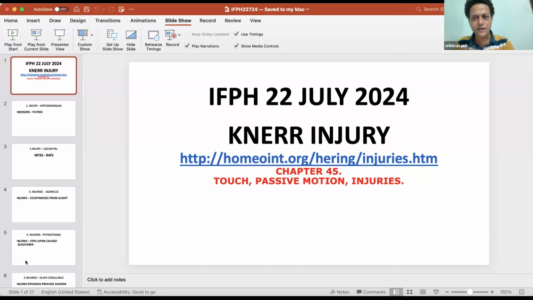Some cases required LM potency for regular maintenance and to bring down the pathology gradually and make it completely disappear. Very few cases required LM potency. I start with LM 1, 2, 3, and all are dispensed in water, not a dry dose, powder dose, or pills. The LM potencies are dispensed in water.